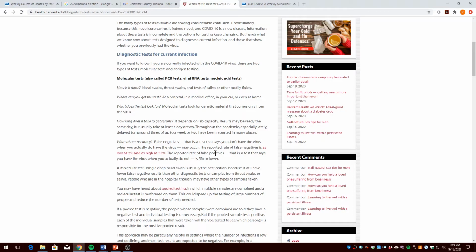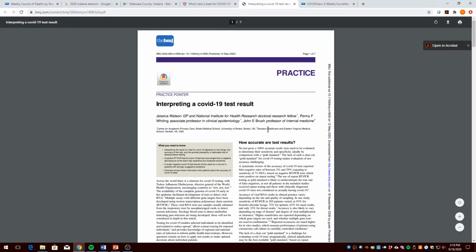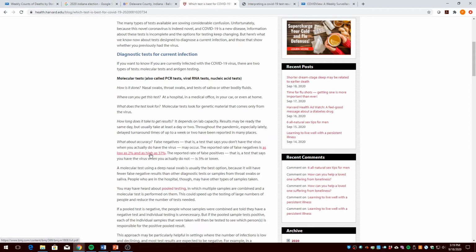Well, here it's telling me people that have the disease and get a negative result, the false negative rate, is a pretty wide range, right? When I got mine, I was told it's like 30%, right? I'm not going to read this whole thing. So let's just take kind of the middle range here.